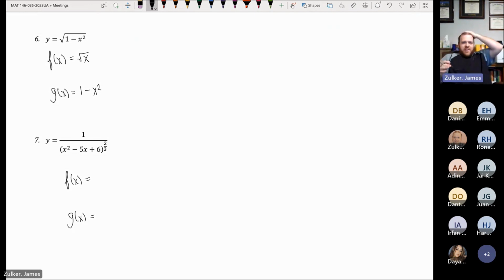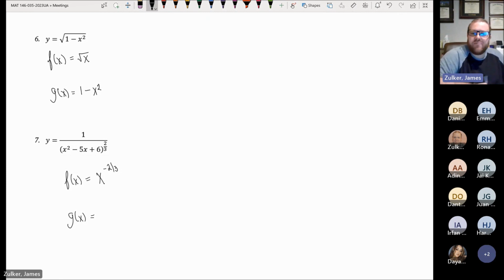Okay, so now what about here? Right. Well, here what I do is I'm going to look at overall, doesn't this seem to be x to the negative 2/3 power? Right?